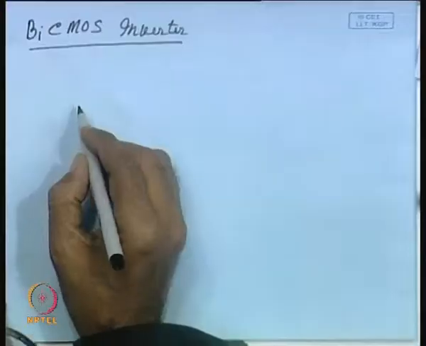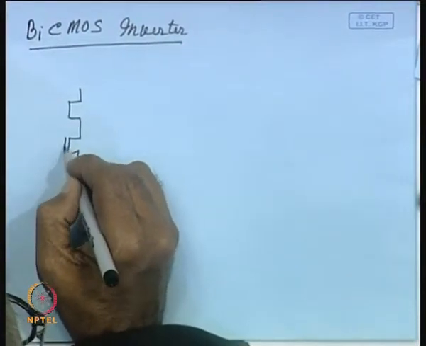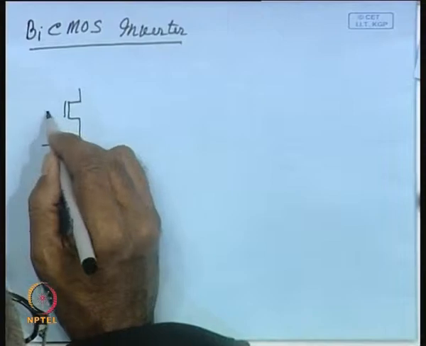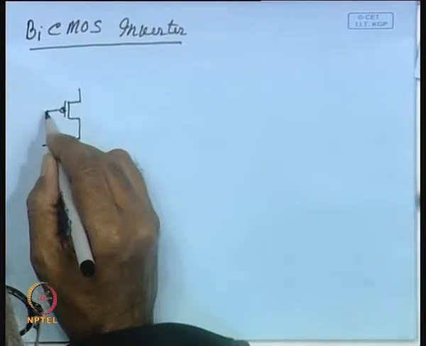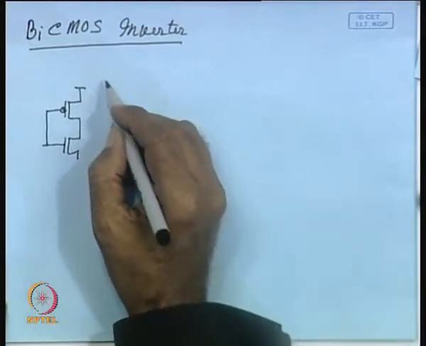Actually, you can have different types of realizations of a BiCMOS inverter, but I am considering the simplest and the most standard one. So, this is the diagram of that. You have got the basic inverter here. This is connected to VDD.